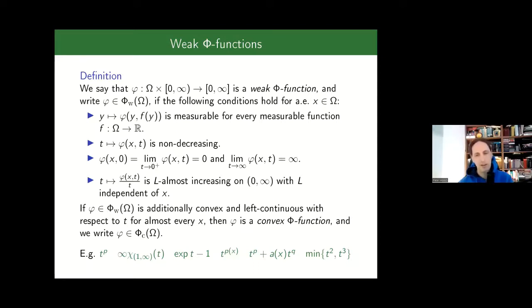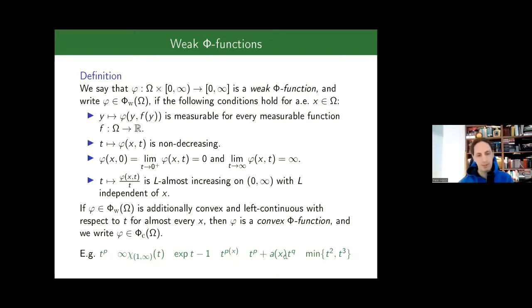There we fine-tuned these conditions, and we have this most general case, which is indicated by W for weak. If it is convex and left continuous, then we call it a convex phi function and use this subscript C.